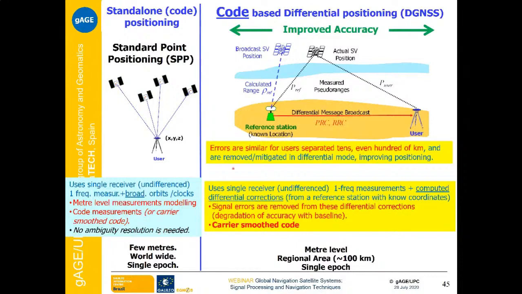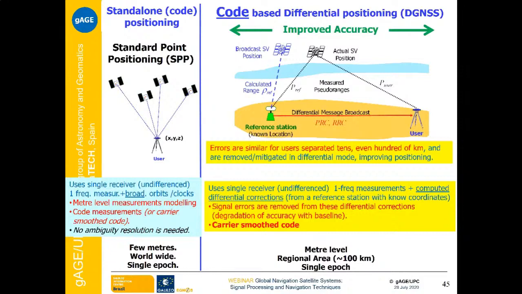In the case of differential positioning, as I commented, the idea is that the errors cancel in differential mode. We use a single receiver, one frequency, plus differential corrections, the pseudorange corrections computed by the reference station. And the errors are removed by using these pseudorange corrections.